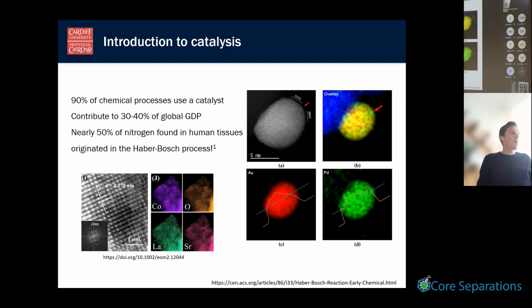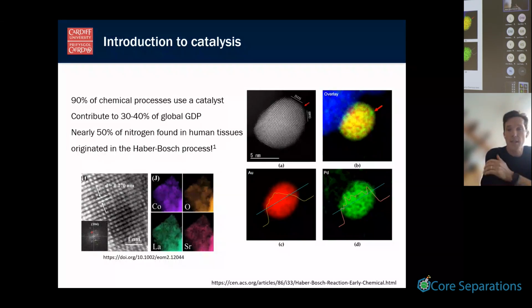So most of you, hopefully all of you, will be familiar with the catalyst in some regard. We obviously have them in the exhaust of our cars. Enzymes are biological catalysts. But the type of catalyst that I'm interested in is a heterogeneous catalyst. And these are often formed of supported nanoparticles, like the electron microscopy images I've shown on the right-hand side.